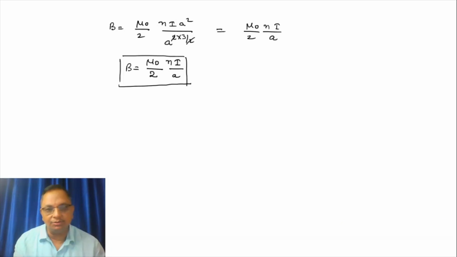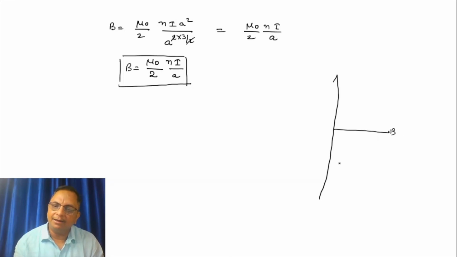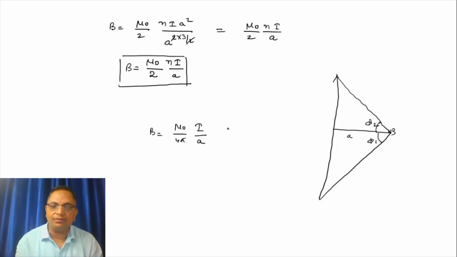Another use, which is not in your syllabus, we will calculate in a different way. If you consider a long wire and we want to calculate the magnetic field at a point, with this distance A, and the angles are phi 1 and phi 2, then the magnetic field will be mu 0 over 4 pi I over A times sin phi 1 plus sin phi 2.